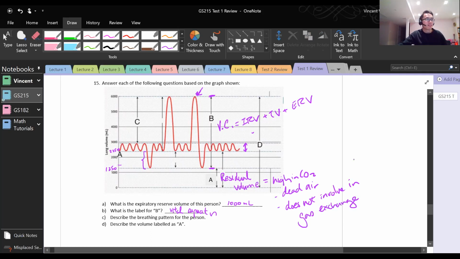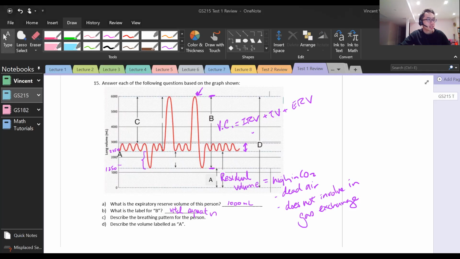For people with emphysema, we talked about that last week, the residual volume would be higher, right? Because of all the empty spaces created by the alveoli merging together.